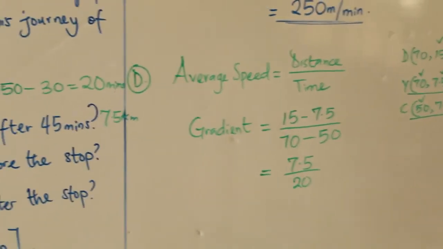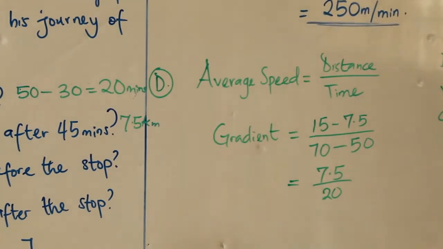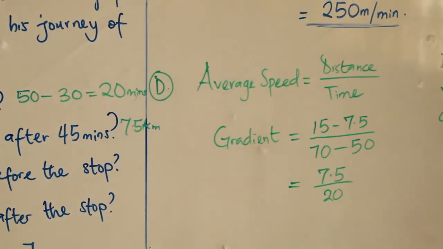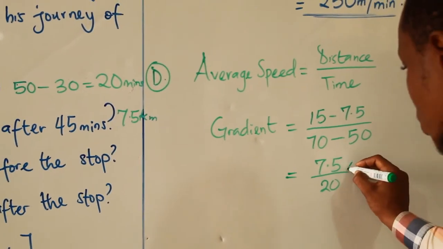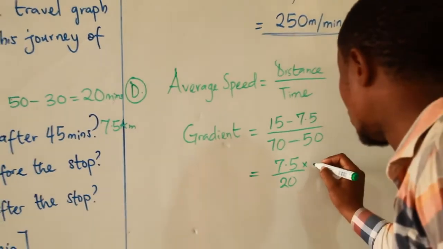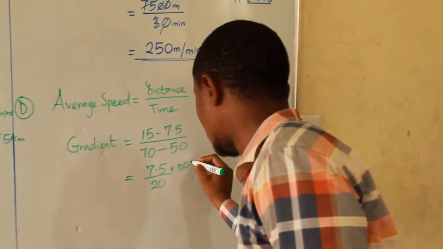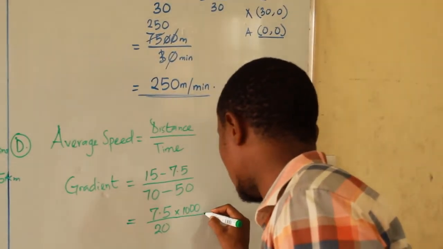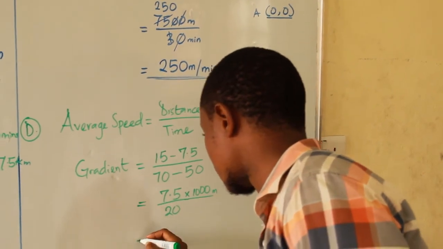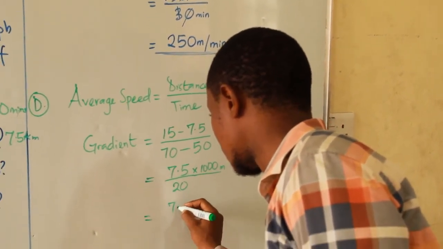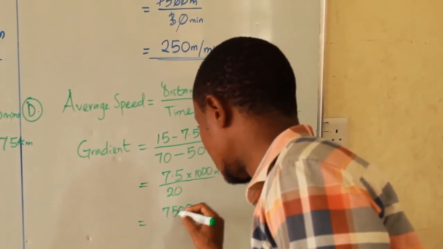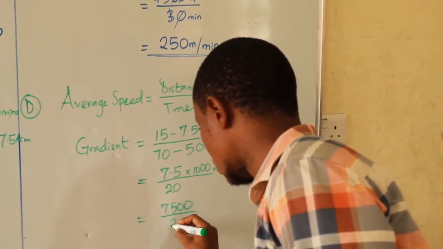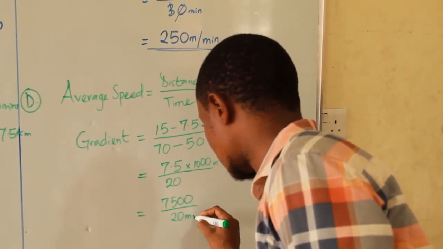Remember, we are told to leave our answers in meters per minute. So I'm converting 7.5 kilometers to meters, and that will make me multiply the numerator by 1,000 meters. And that gives me 7,500 meters over 20 minutes.